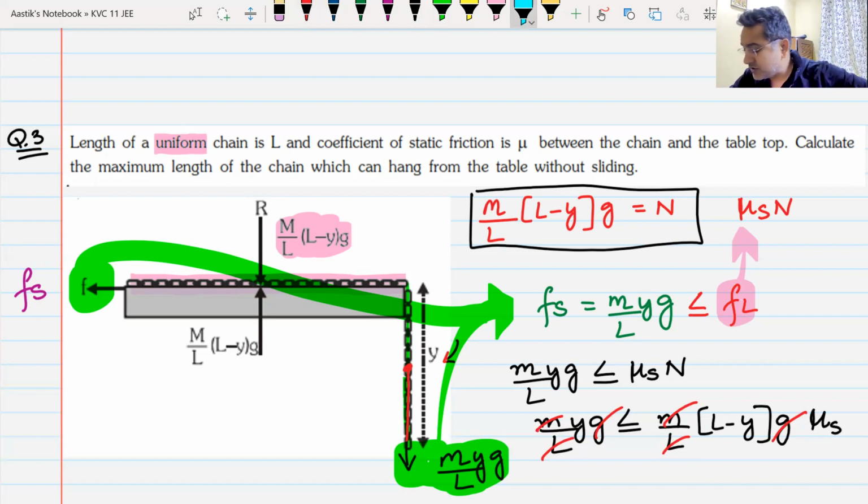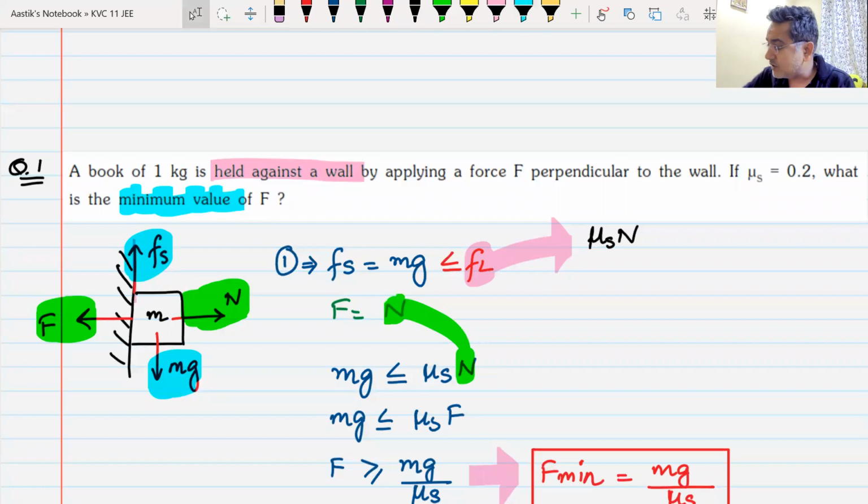Whenever you get any question where they ask you maximum length or maximum mu or minimum theta, it's an indication that this maximum or minimum question would be a question of static friction, because in every question that you see here, it was maximum length you had to find out. Here, look at the blue part, you had to find out the minimum value of f.